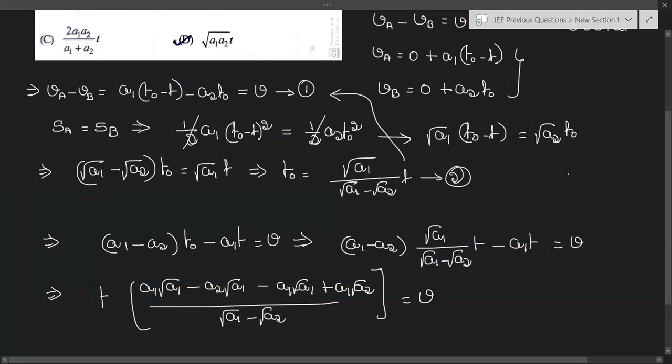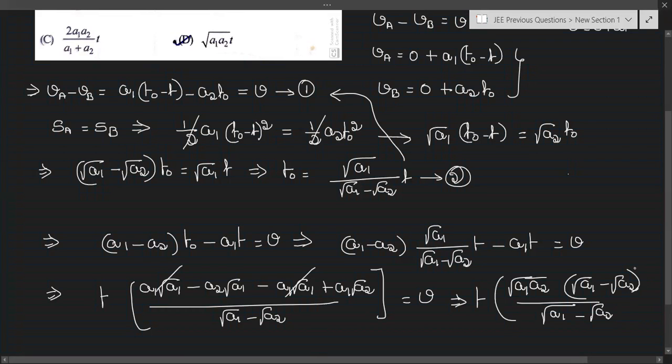Now here a1 into root a1 minus a1 into root a1 will be cancelled. So that implies t into, in the numerator let's take root a1 into root a2 common. So root a1 root a2 into (root a1 minus root a2) by (root a1 minus root a2) is equal to velocity.